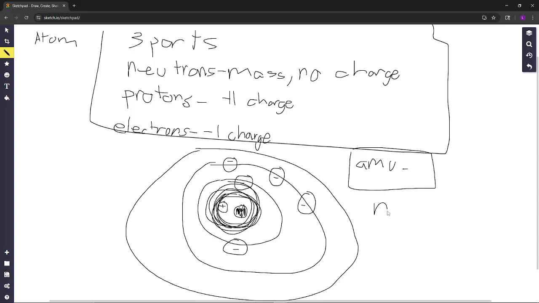It is called the nucleus, and it is the sole center of an atom, and what we consider all of the atom's mass is in the nucleus. So, whenever you are asked a problem about how many neutrons are there, you would always look to the nucleus if you were given a diagram.